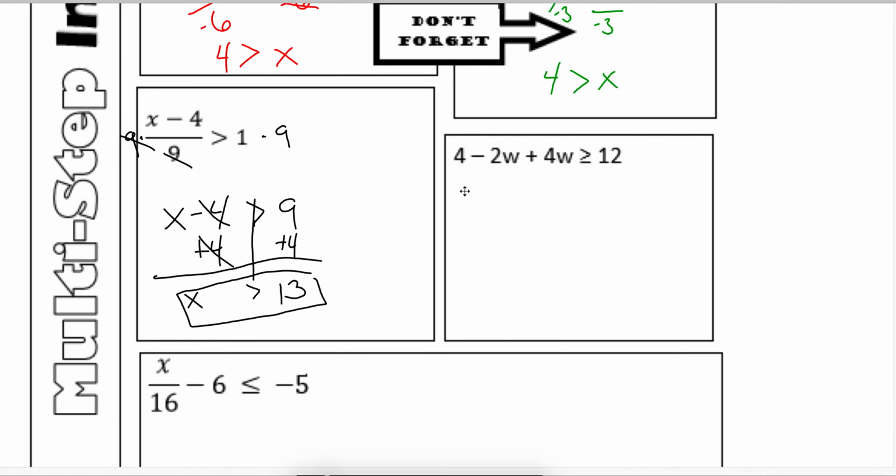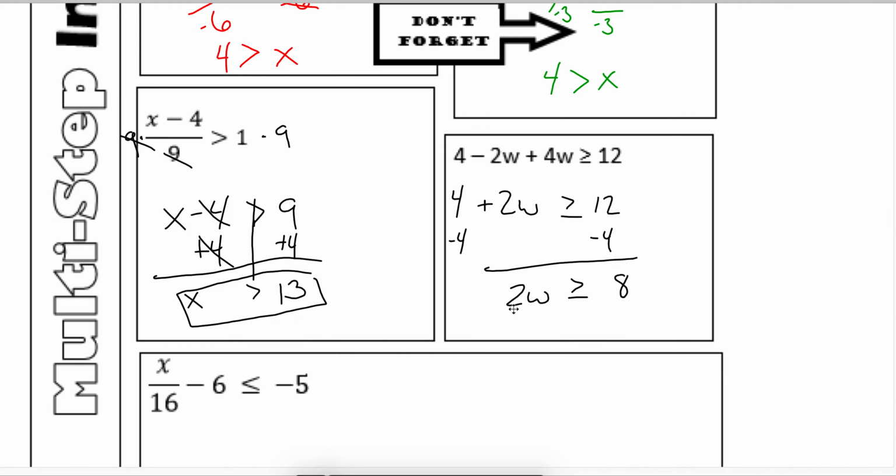Now you can do that. Let's do this here. Negative 2 plus 4, positive 2w, is greater than or equal to 12. Let's get rid of this positive 4, subtract 4. 2w is greater than or equal to 12 minus 4, which is 8.